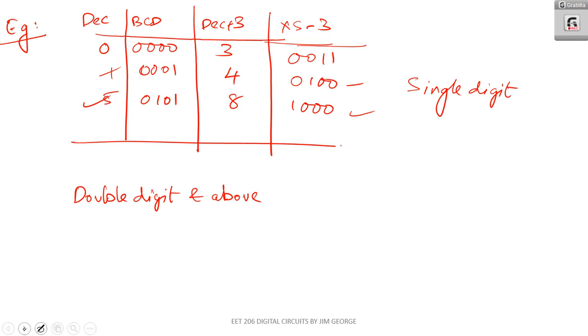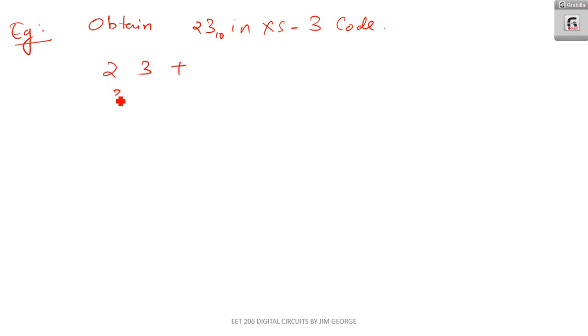So an example: obtain 23 to the base 10 in Excess-3 code. What is 23? You can write it as 2 and 3. Add 3 to each digit, so you need to add 33. So what is it? It is 56.